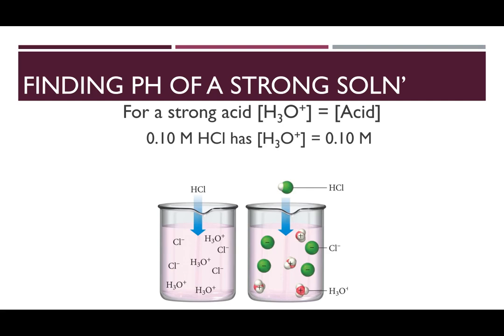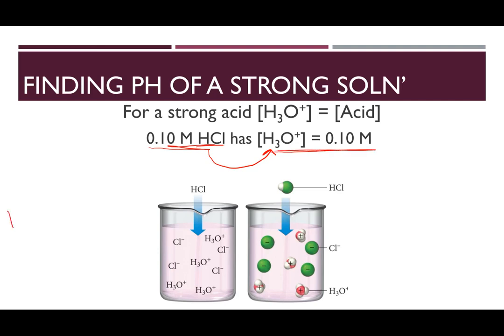So, hypothetically, let's say this solution is 0.1 molar HCl. If I were to ask you what is the pH of 0.1 molar HCl, you need to make the connection that this is one of the big five, that this is a strong acid, and then that the concentration of this acid is going to be the concentration of the hydronium.